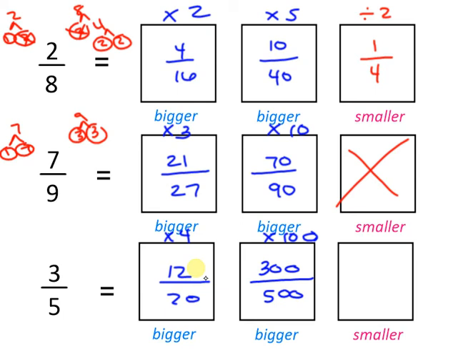Again, I can go as big as I want to go, I just have to be careful when I calculate my numbers. Now, when I make a factor tree to go smaller for 3 and 5, I'm not going to end up with any factors that match because they're both prime numbers. And so I cannot go smaller on that fraction.